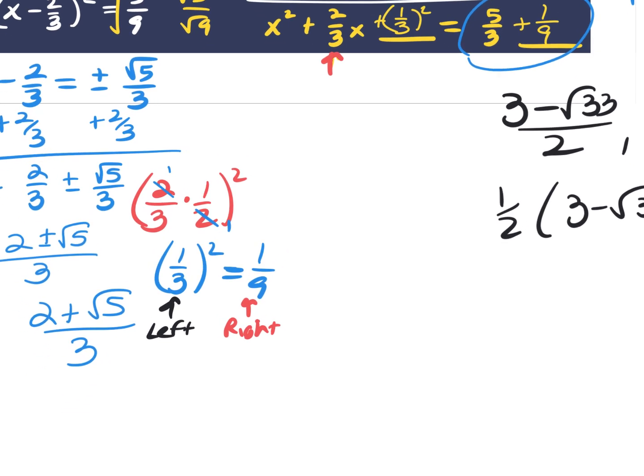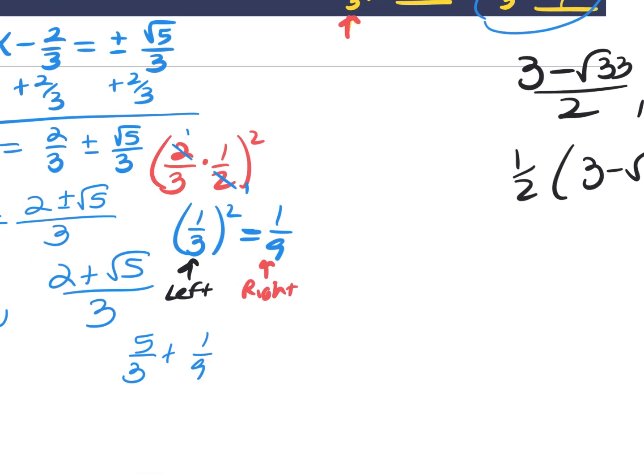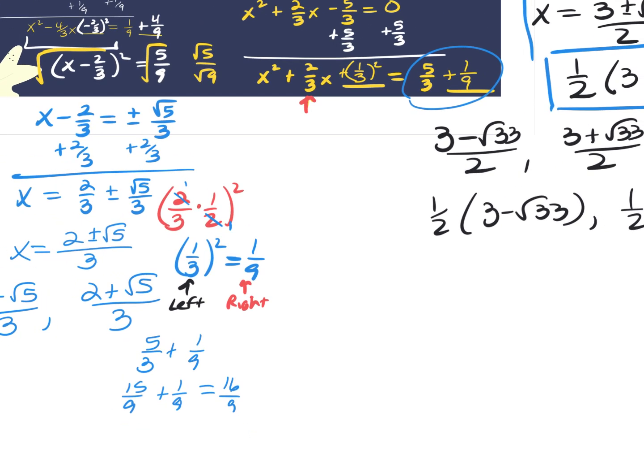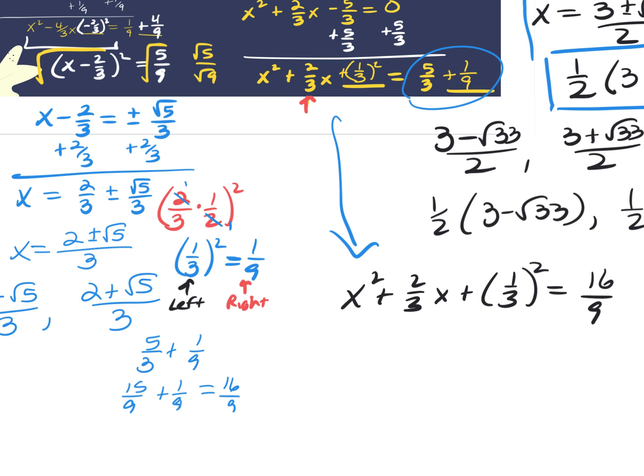So I need to do 5/3 plus 1/9, common denominator, it's going to be 9. So this will turn into 15/9, and then I can add it and get 16/9. So now I have x squared plus 2/3 x plus the 1/3 squared equals 16/9.